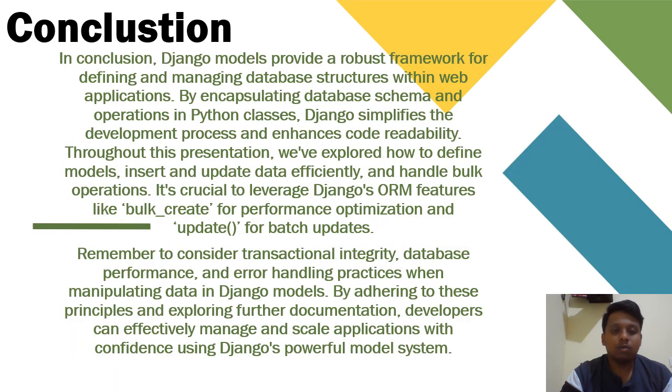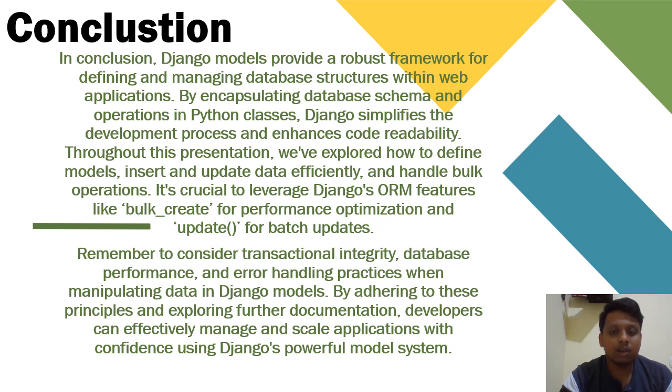And we'll conclude. In conclusion, Django models provide a robust framework for defining and managing database structure within a web application by encapsulating data schema and operations in Python classes. Django simplifies the development process and enhances code reliability.